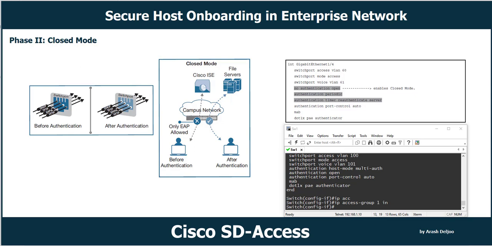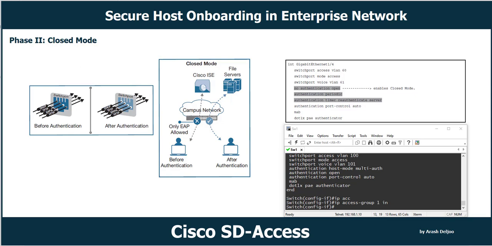And closed mode is perfect for Cisco SD-Access deployment because no default VLAN is assigned at the port level. To add more granular access control, you can configure Cisco ISE to do dynamic VLAN assignment and push scalable group tags, SGTs, which I will explain, to restrict or permit traffic between different groups.